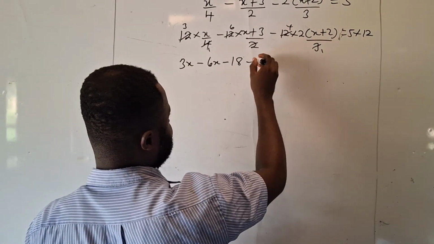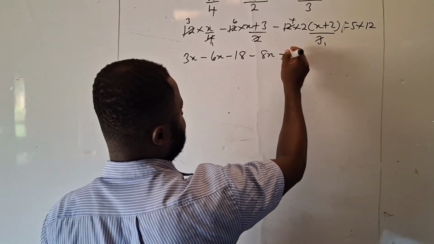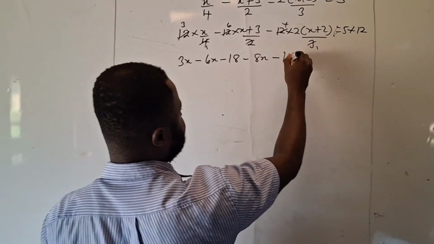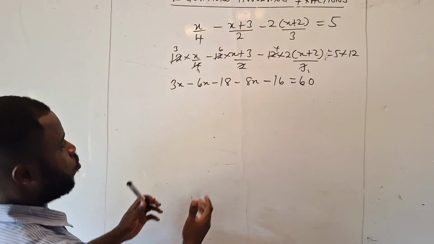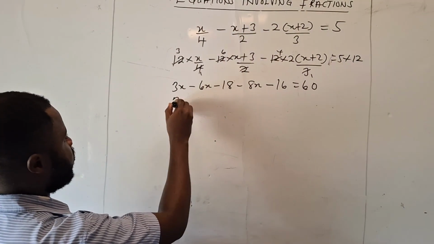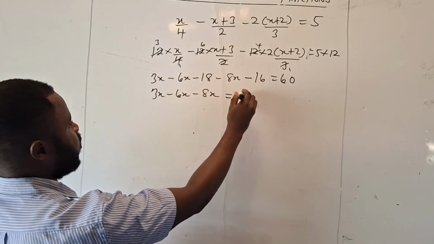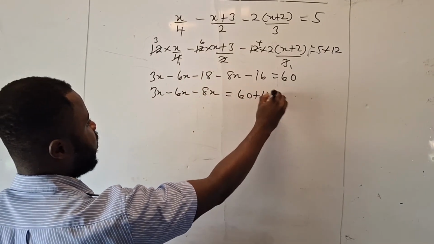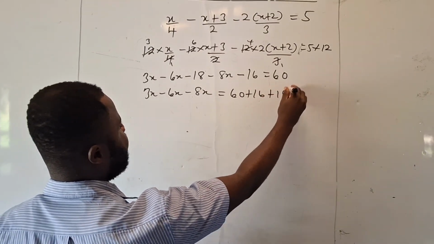And 8 times x will give us 8x. Positive, negative will be negative. Then 8 times 2 will give us 16 equal to 60. So grouping like terms, 3x minus 6x minus 8x is equal to 60 plus 16, then plus 18.